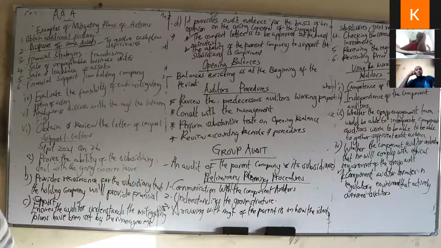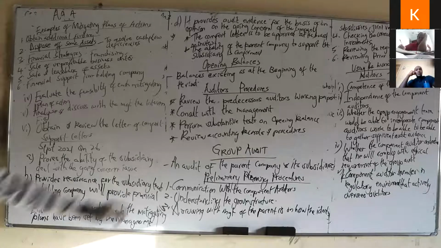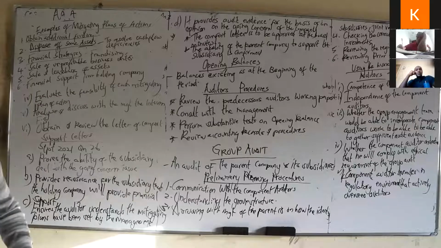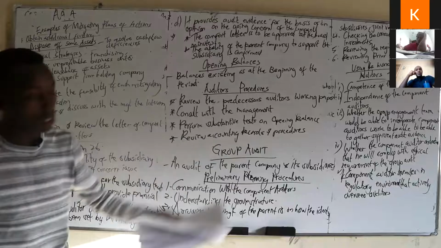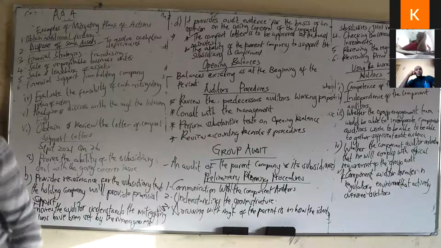So on the auditing of these consolidated financial statements, one of the things that the auditor does when using the work of a component auditor is he will discuss with the component auditors the business of the entities themselves, for example, the subsidiaries.